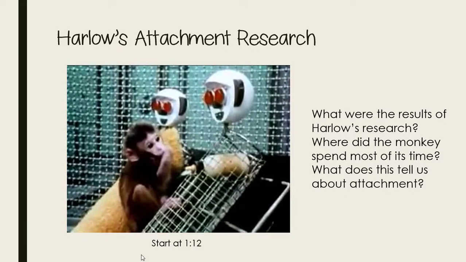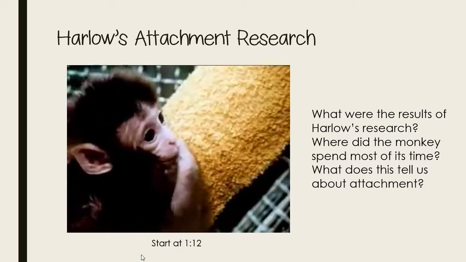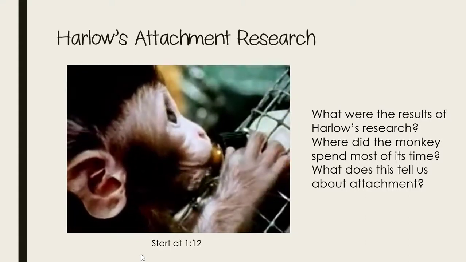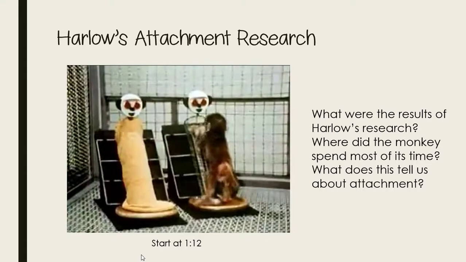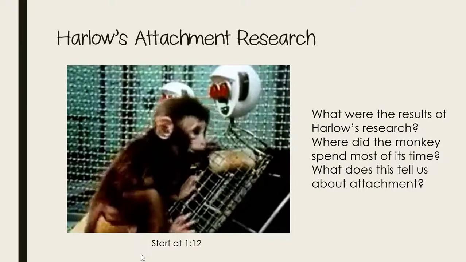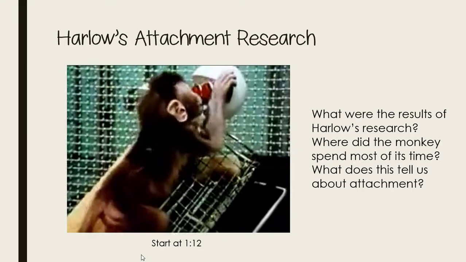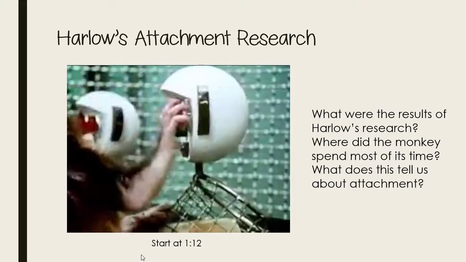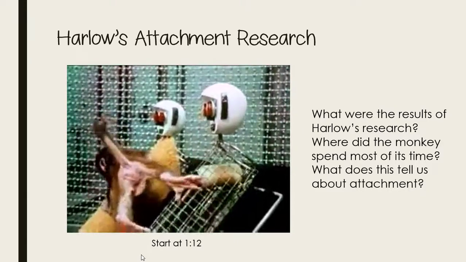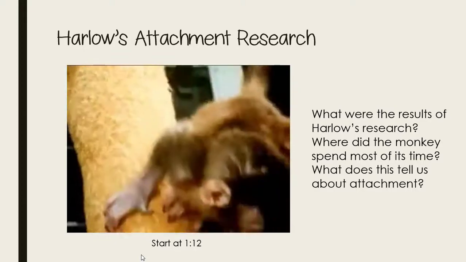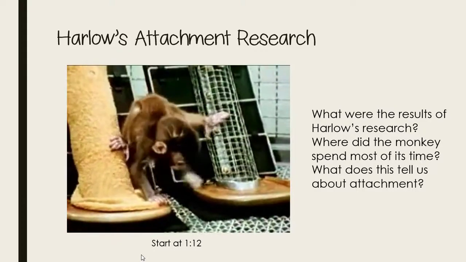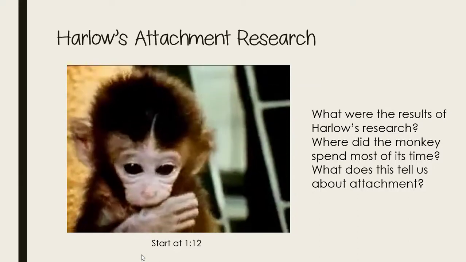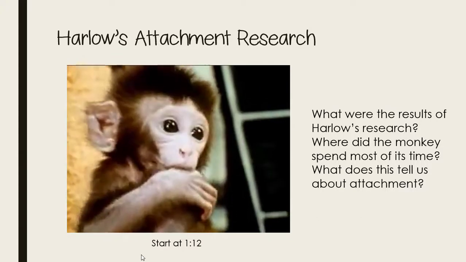Only when forced by hunger does he loosen his grip and begin to yield to nature's most powerful internal drive. From the wire mother, he derives one thing: nourishment. No warmth, no comfort, no feeling of security. After feeding, he returns to spend up to 22 hours a day near the only mother he knows. From this inanimate object, the infant derives all the security and mother love he needs. He can, if also exposed early to other young, grow into a normal, well-adjusted adult.